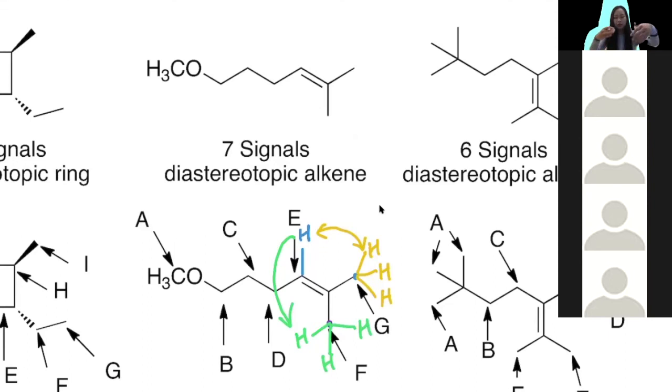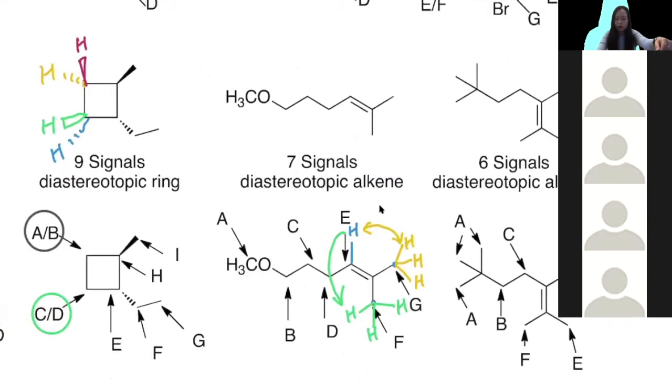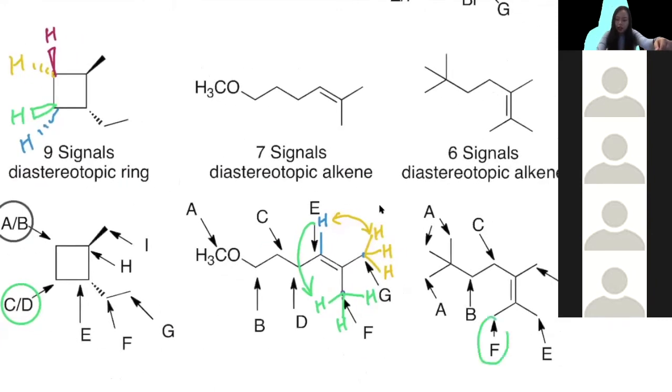If they have different distances to those electrons or protons, but protons still have electrons, right? They are going to behave differently. And that's why G and F, which are the hydrogens on the double bond, although they might be bonded to the same carbon, are going to have different signals. I hope I make this one clear. Similarly, you can see here, E and F have different signals.